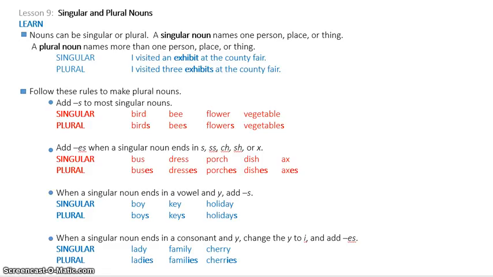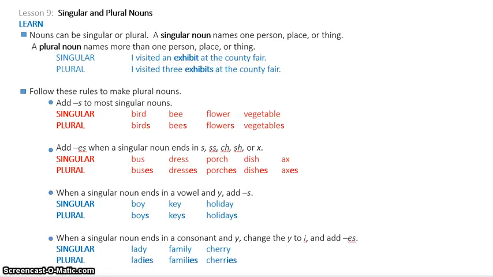Dress has 2 S's on the end, so I'm going to add an ES, making dresses. These are fairly straightforward if you remember the rule: add ES when the singular noun ends in S, SS, CH, SH, or X.